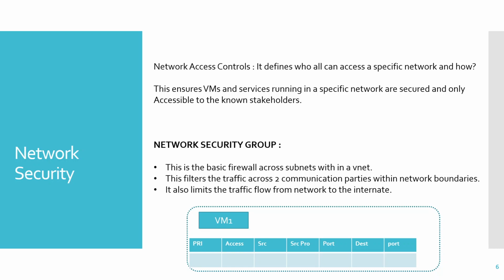Now how does it look? It's nothing but a program behind the scenes, having a priority, a network access rule, a rule name, and all the details of the source addresses, destination addresses, source ports and destination ports. So this is how it looks.